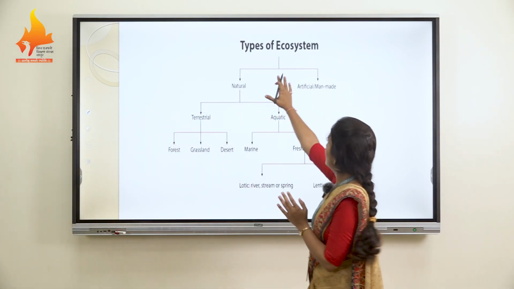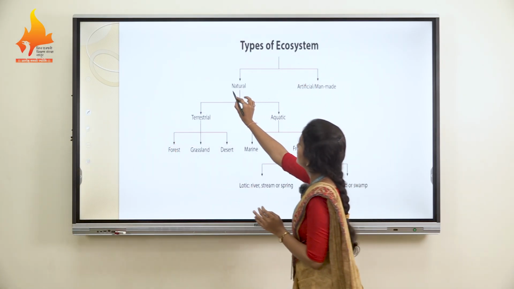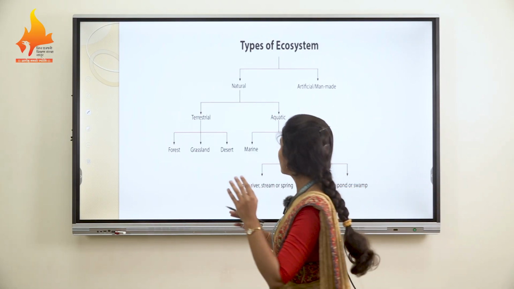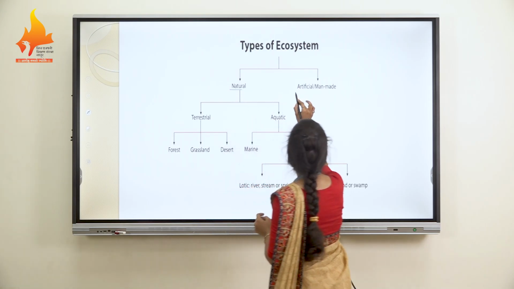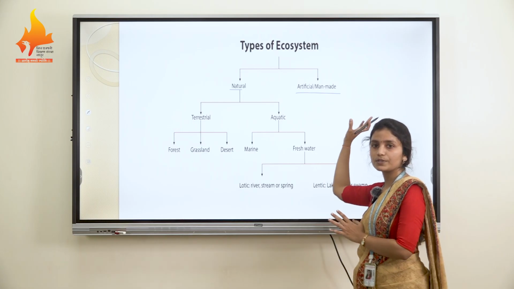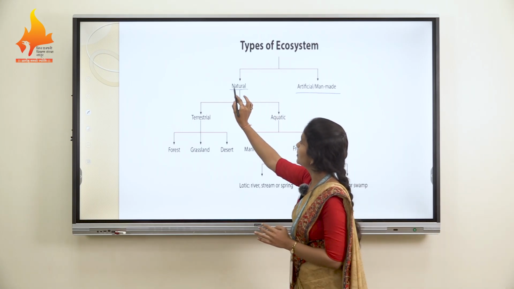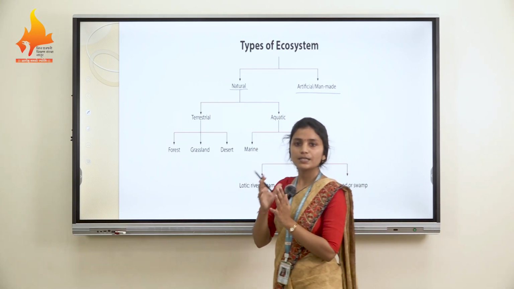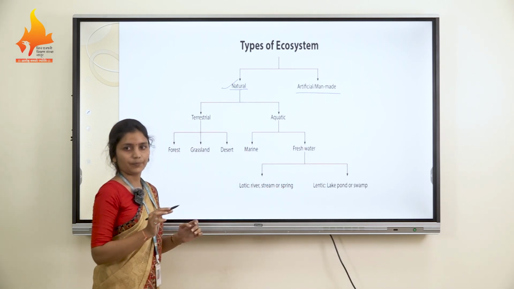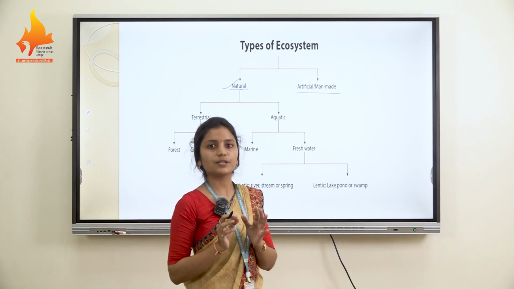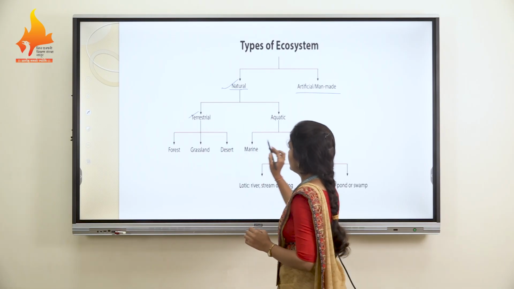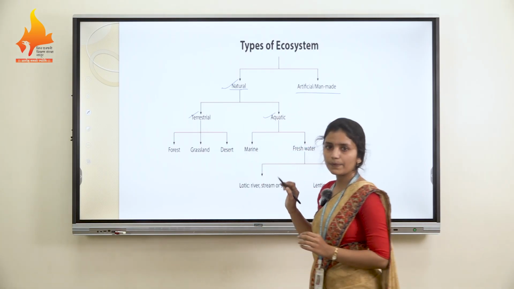Next, we see the types of ecosystem. There are mainly two types of ecosystem, that is natural ecosystem and artificial or man-made ecosystem. What is a natural ecosystem and what is an artificial ecosystem? A natural ecosystem is an ecosystem which develops naturally. The natural ecosystem is again divided into two types, that is terrestrial ecosystem and aquatic ecosystem.